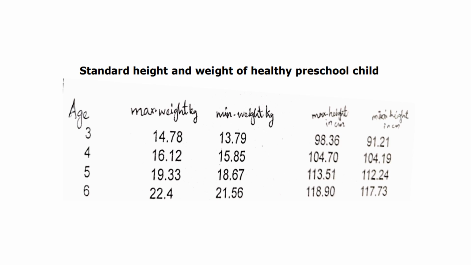If the child has maximum weight, there is no problem, and if the child maintains minimum weight, the doctors will not say anything to us. But if it is very much more than the maximum weight, or very much less than the minimum weight, then the doctors will say there is something to take care of and we will have to go through interventions. Same for height too.